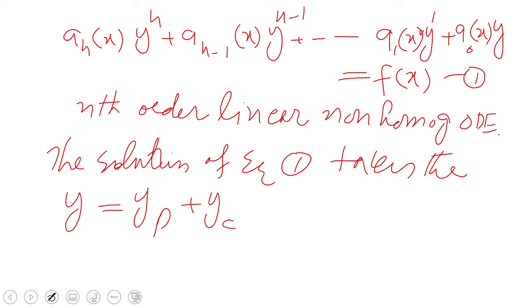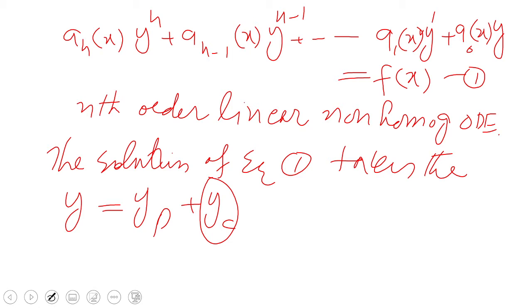So yp is the particular function and yc is the complementary function. So what is yc? The symmetry lies in this yc, so I'm explaining the yc.